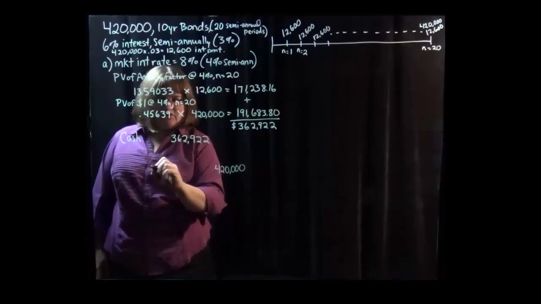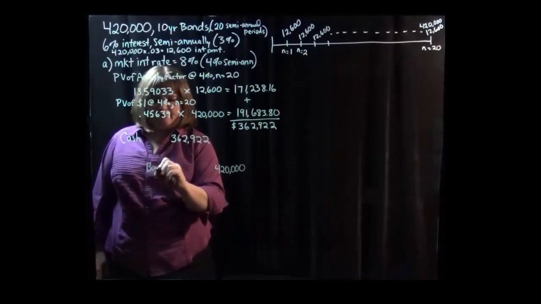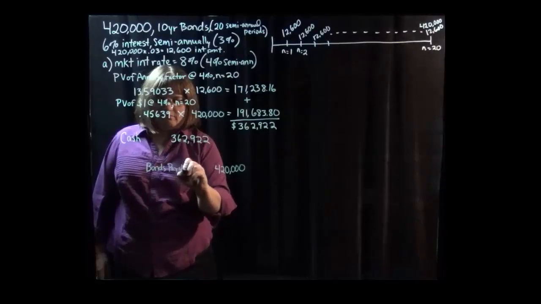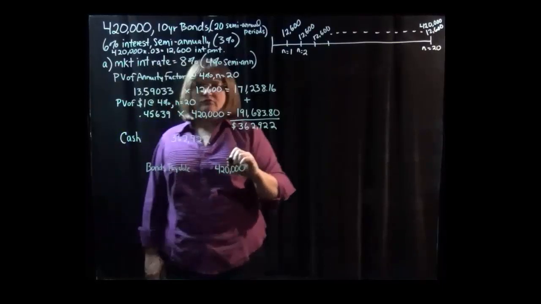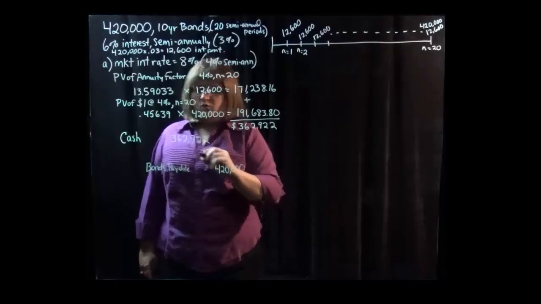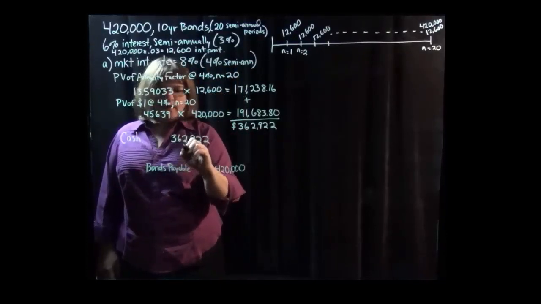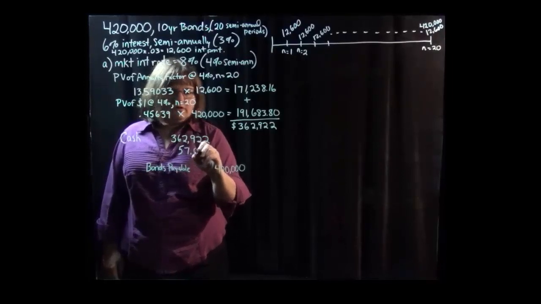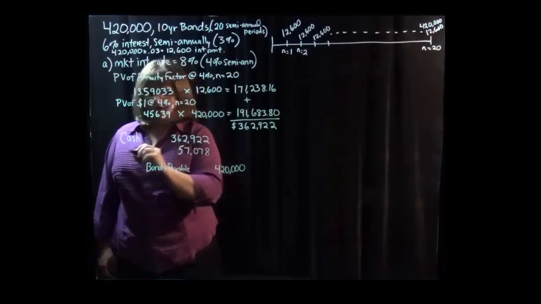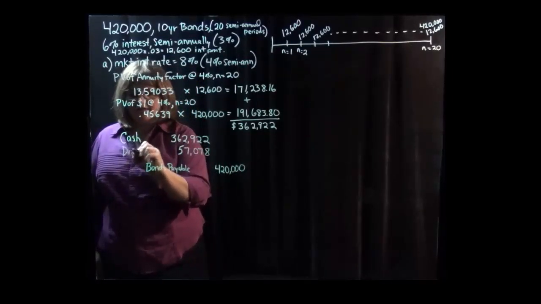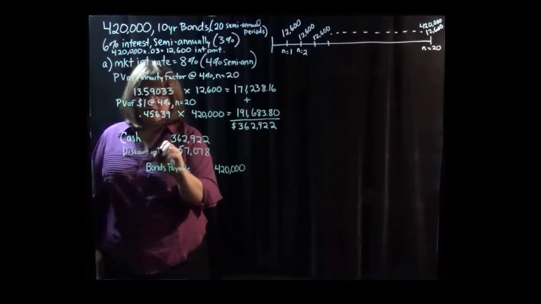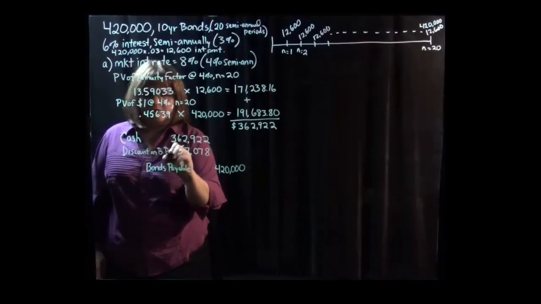And so we're going to need to credit bonds payable for that full amount. What we do with the difference then, which is $57,078, is we debit an account called discount on bond payable.